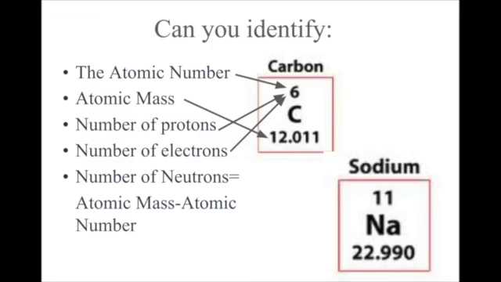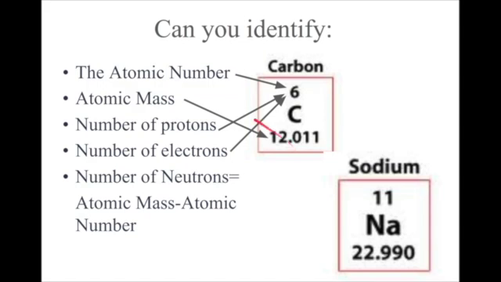All right, so you need to be able to identify different parts of the atom and what you can see on the periodic table. The different things you need to be able to identify are the atomic number, the atomic mass, the number of protons, number of electrons, and how to find the number of neutrons. So here you can see carbon. You have a smaller number, which in this case is 6, and you have a bigger number, which is 12.011.